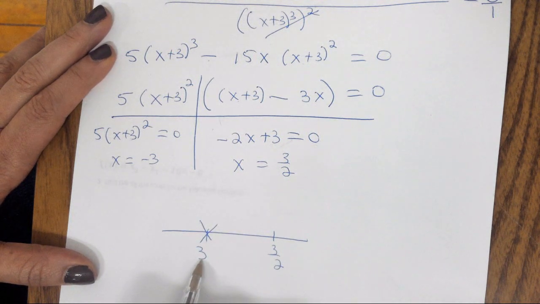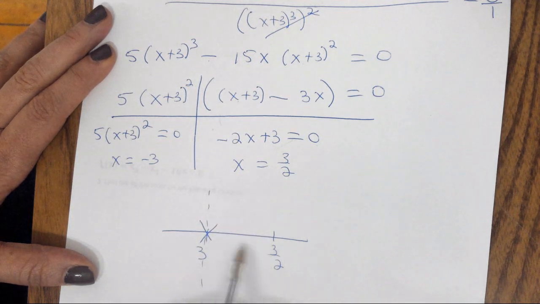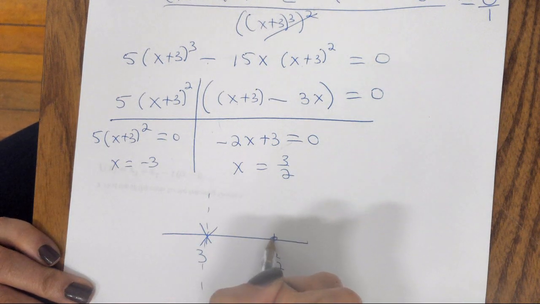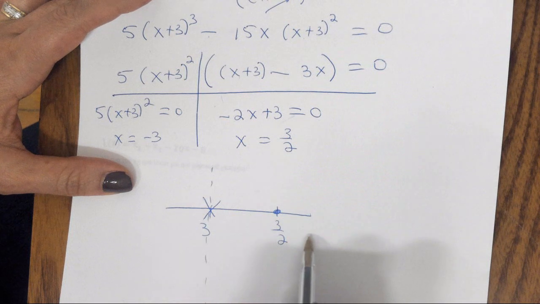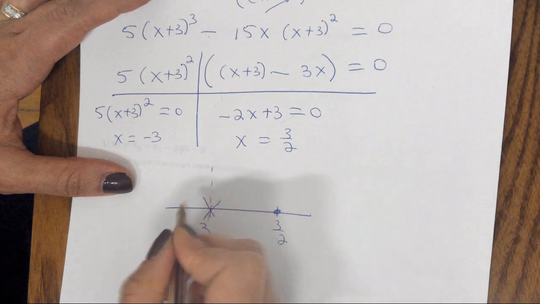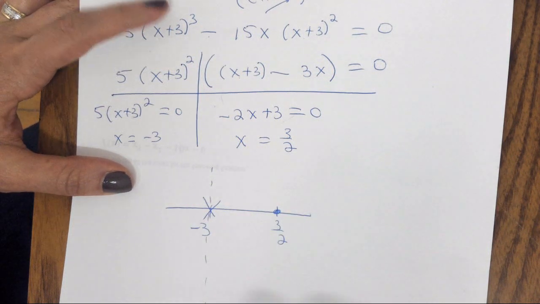We still need it on this number line because this is where we divide. We cut it off. So I know when I'm checking to see if this is a local extrema, I need to check a point in here and a point after. So I need a number to check greater than -3, but less than 3/2.